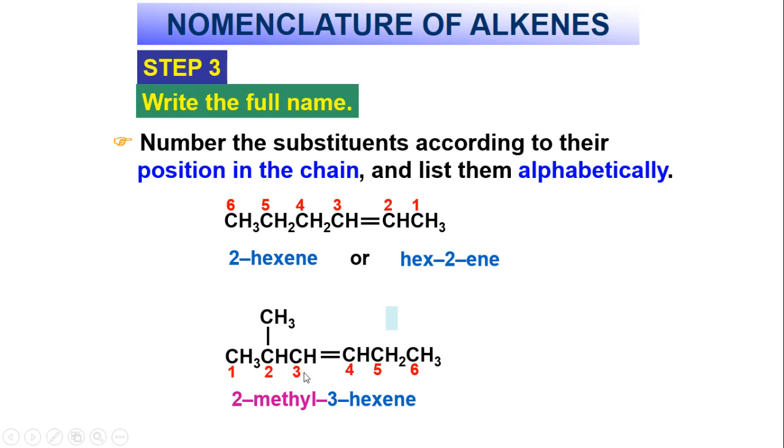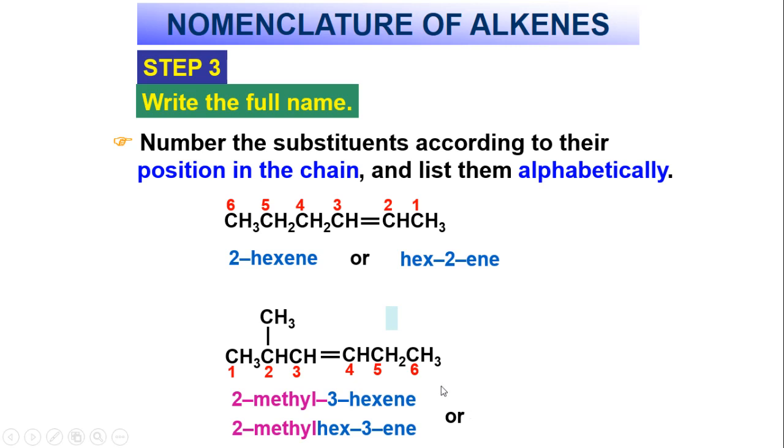Okay, you say 3-hexene. This 3 is talking about where the double bond is. Or this can be written as 2-methyl Hex3-ene. So you can either write it in that way or the other way, but like I've stated, I normally prefer using the first way.